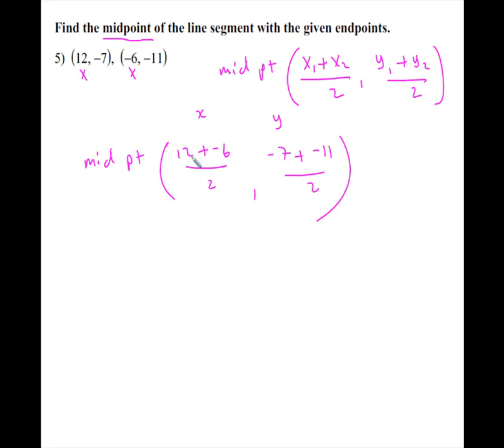And I work it out. 12 plus -6 gives me 6 divided by 2, so I end up with 3. Over here, I get -18 over 2, I end up with -9. So the coordinates of my midpoint will be 3, -9.